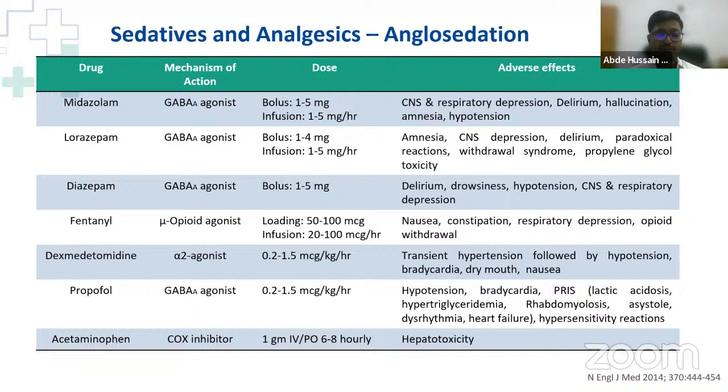Dexmedetomidine, another safe drug that can be used, but it comes with a risk of hypertension. So avoid loading doses with dexmedetomidine, and a continuous infusion is used. Propofol with prolonged infusions can lead to propofol-related infusion syndrome, and acetaminophen for analgesia.